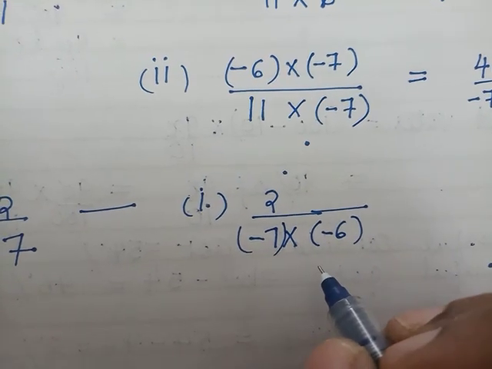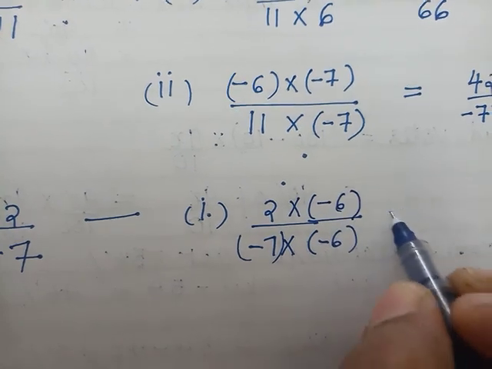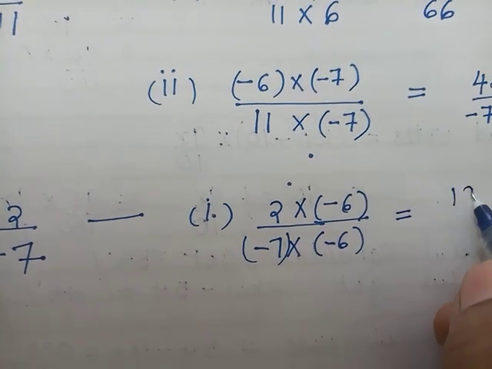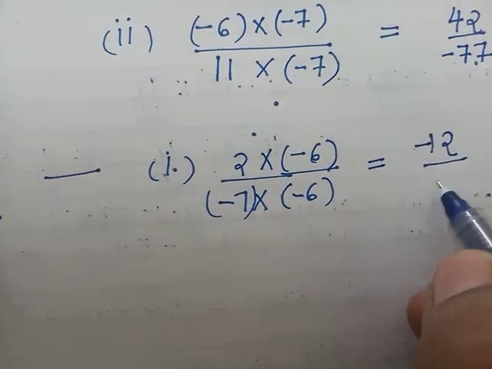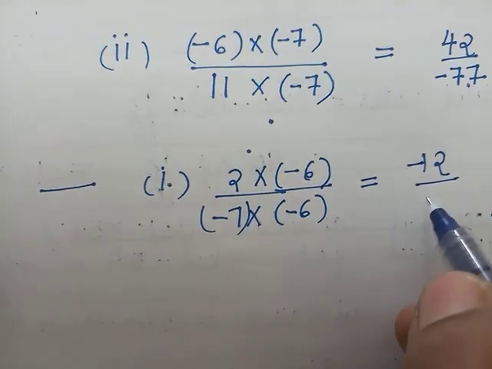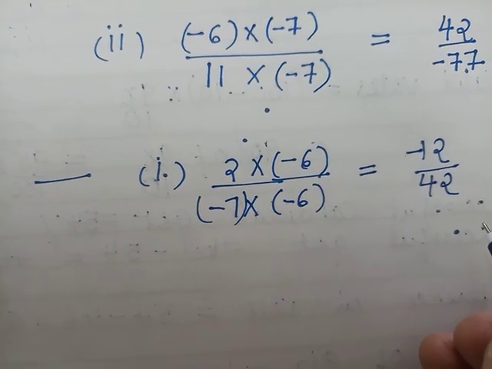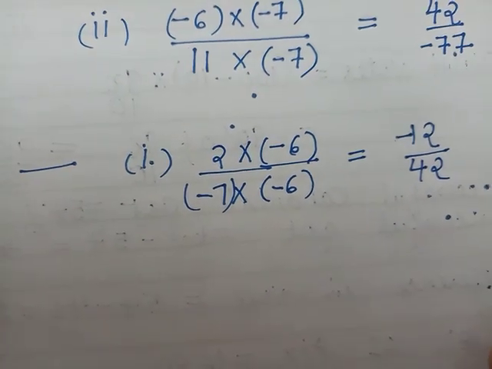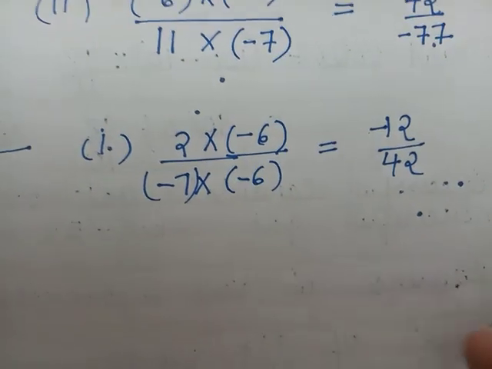If you are multiplying by minus 6 in the denominator, we multiply the same in the numerator as well. So 6 twos are 12. Negative sign is one time, so it becomes minus. And 7 sixes are 42, and the negative sign appears twice, an even number of times, so the sign will become positive. That's what we were looking for, denominator 42.